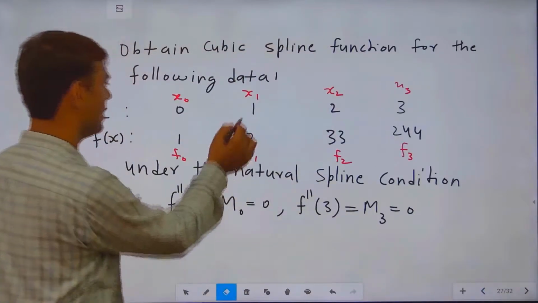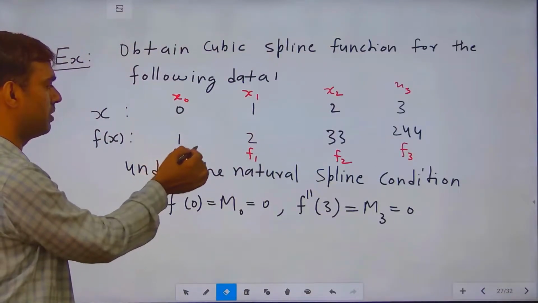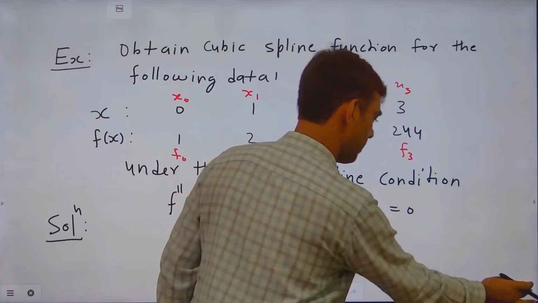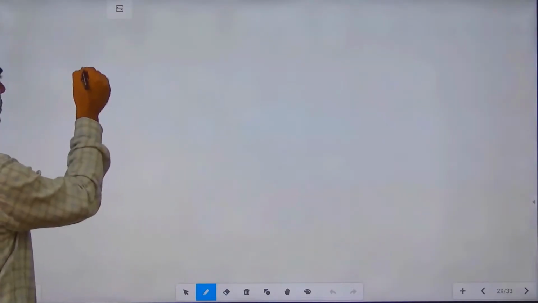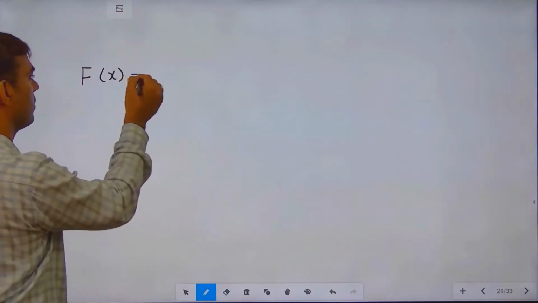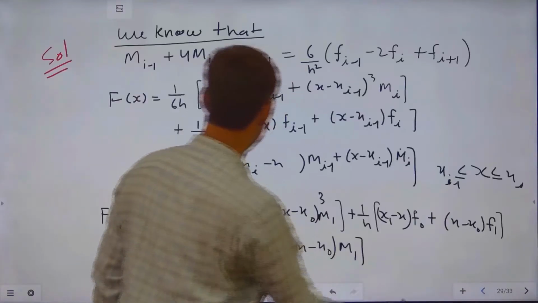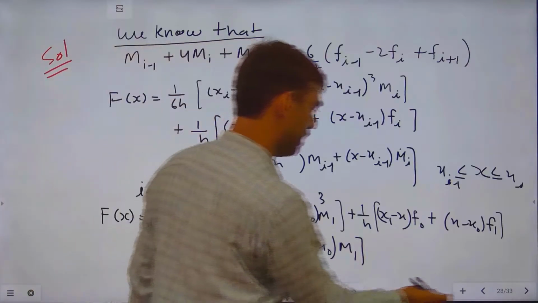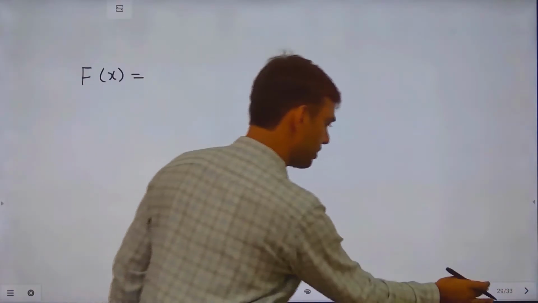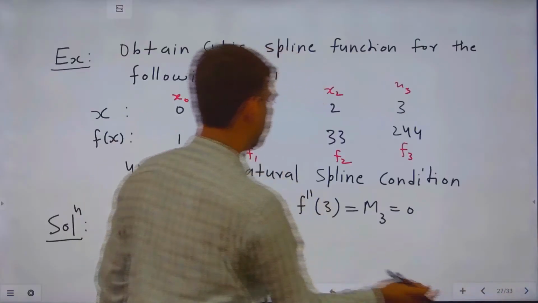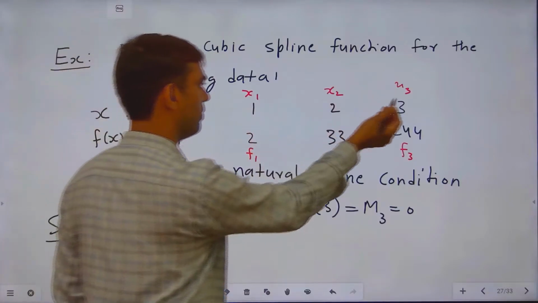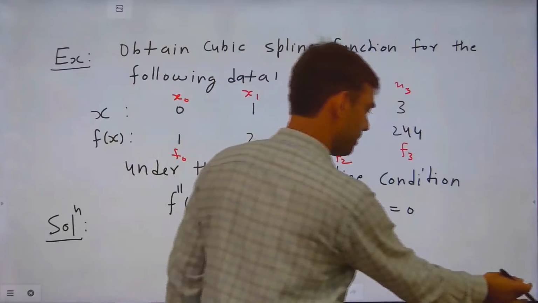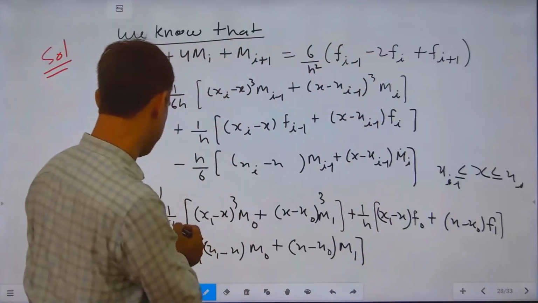What is the value of x1? x1 is 1, x0 is 0, f0 is 1 and f1 is 2. Putting in the values, what does f(x) become? The first term is 1 upon 6h, and h is 1, because the difference between x1 and x0 is 1, between x2 and x1 is 1, and between x3 and x2 is 1. So we put the value of h as 1.